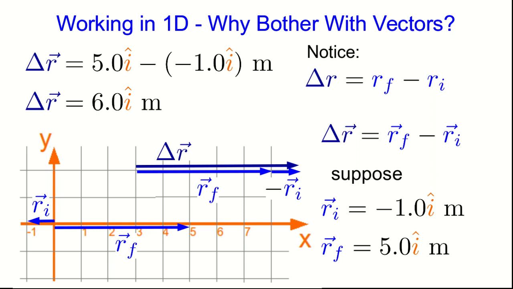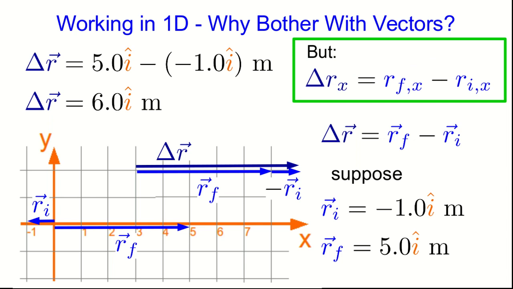Notice it's no longer true that the magnitude of delta r, which is 6 meters, is the magnitude of r_f, which is 5 meters, minus the magnitude of r_i, which is 1 meter. Notice a magnitude is always positive. That's no longer true. So apparently this doesn't always work, and so we shouldn't use it. We only use rules if they always work.